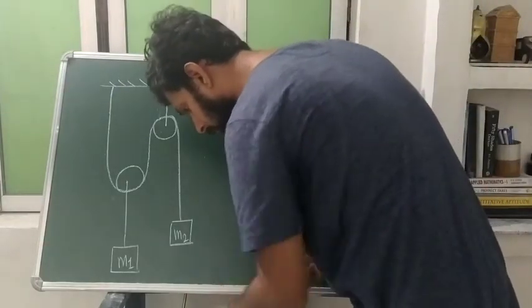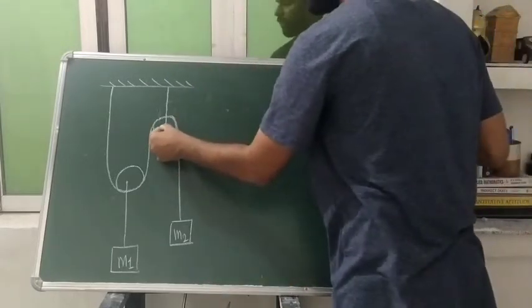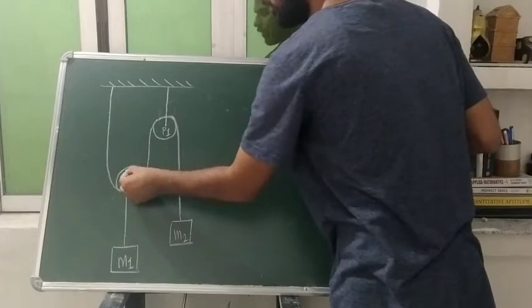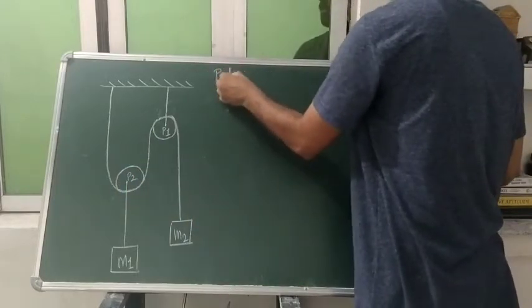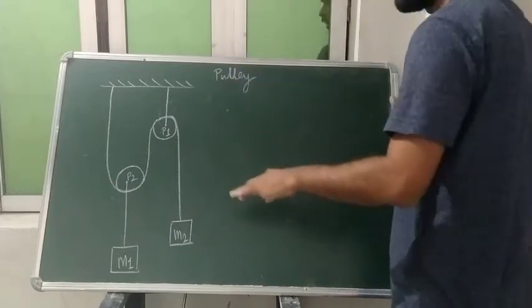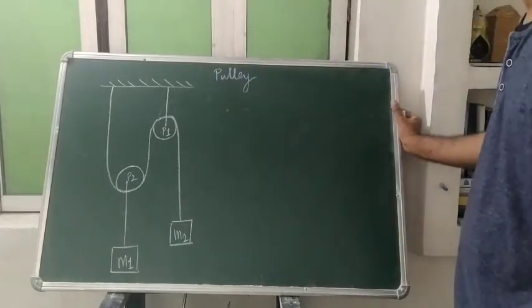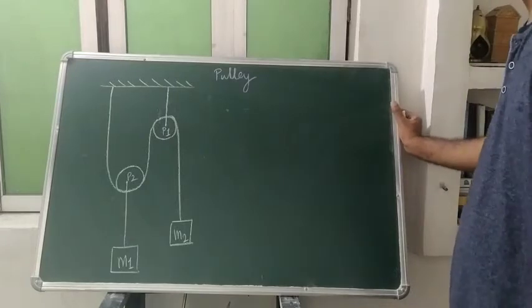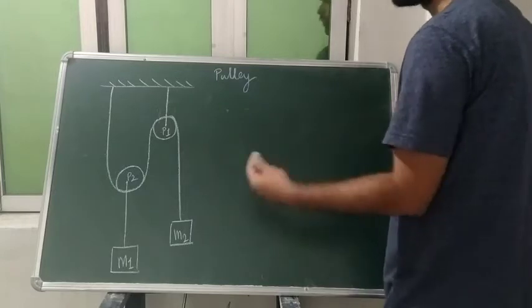So here what will we look at? Suppose we are saying this one is our pulley number P1, this one is our pulley number P2. So for the pulleys, we will imagine which one is fixed and which one is moving. They are not going to tell you which one is fixed and which one is moving.